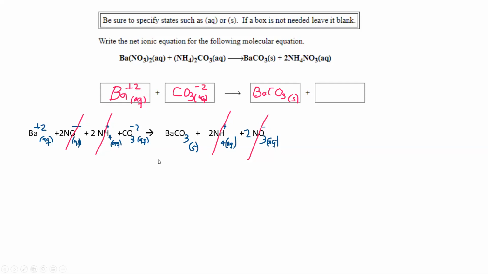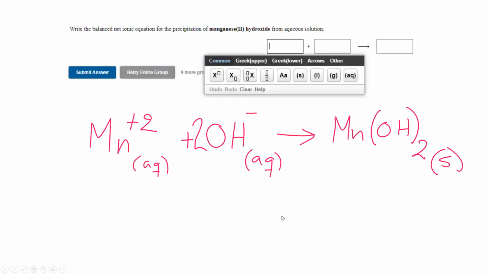But the net ionic equation then will be represented by the barium reacting with the carbonate to form a solid. And that's what you write here. You leave the last box empty because you don't need it.